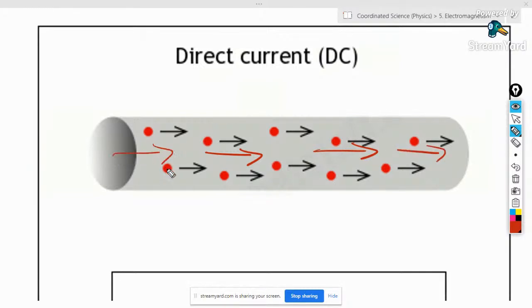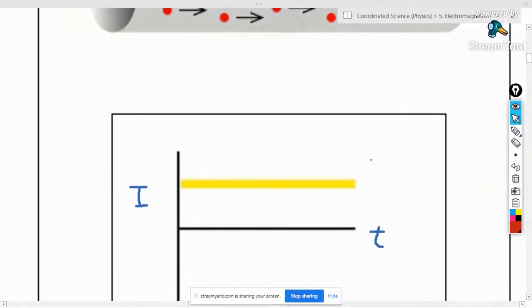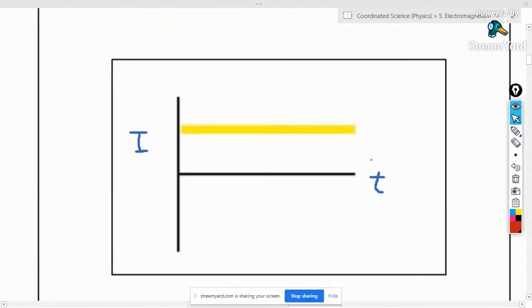They only ever move in one direction, and that's direct current. The symbol for current is an I. If we look at a current against time graph for that, you'd see that the current is just constant. It's some positive value, meaning it's going in the same direction, and it's not changing at all.